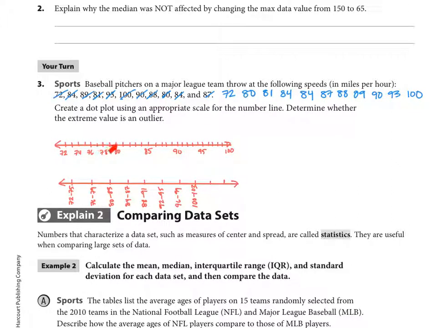I didn't label every single one because it would be way too crowded, so I was going by 2s, but you can see that I still have a tick mark for every number between 72 and 100. I didn't label everything, and that's okay. You don't have to. Just label it enough so that I know what number goes where. We call these intervals.